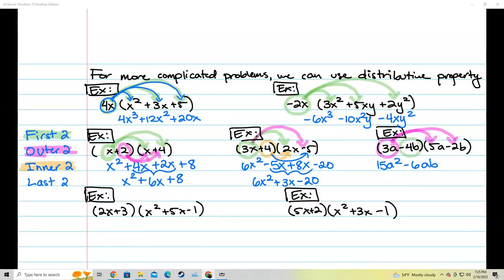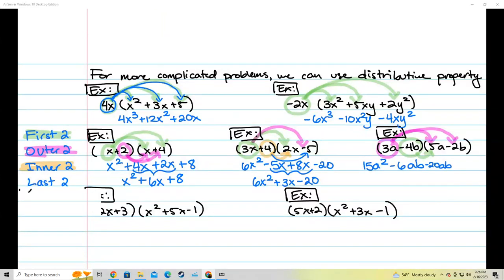Now I'm going to move on to the -4b. -4b times 5a. -4 times 5 is going to be a -20. And then because I have a b and an a, I'm going to write it as ab just so it makes it a little bit easier for me to understand that I've got to go ahead and combine those two. And it looks like I'm running out of space, so let me go ahead and move this a little bit. There we go.